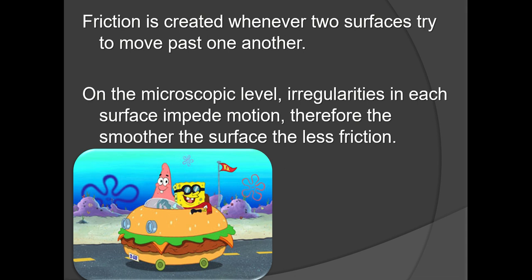Now on the microscopic level, there are really small irregularities that you can't really see, but there's going to be actual interference or impedance between these two surfaces. So there's actually mechanical interlocking going on that prevents the surfaces from moving smoothly. That's why the rougher the surface, the harder it is to move along it.